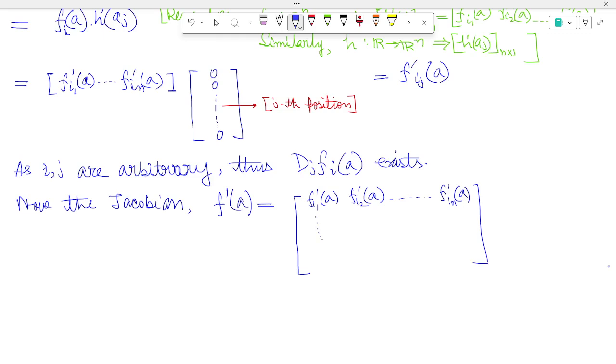The last row it will be, okay, in the second row what it will be? It will be f2 dash a, f2 a dash, f2 n dash a. This is according to our notation.